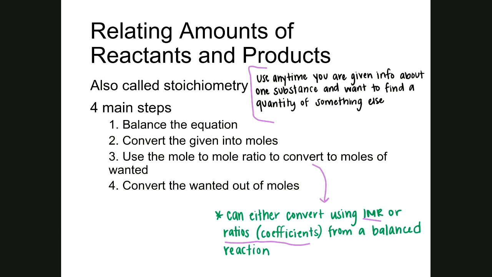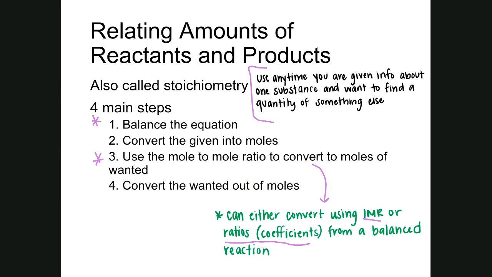So steps 1 and 3 will always be used. Steps 2 and 4 depend on the question, but it always needs to go in this order. So always ask yourself through these steps, and then if you need to skip, you can.